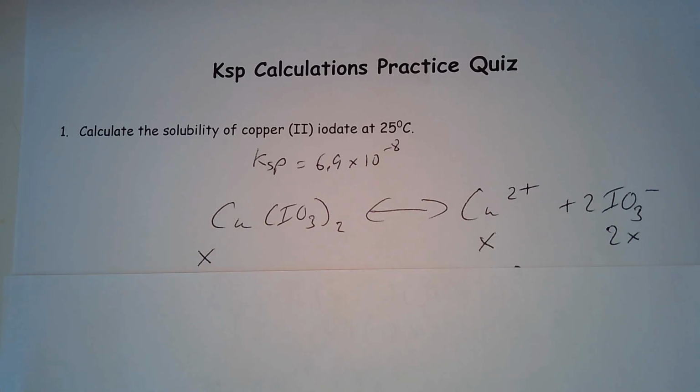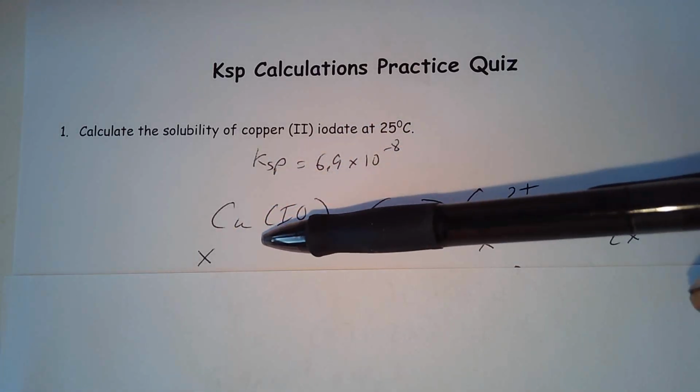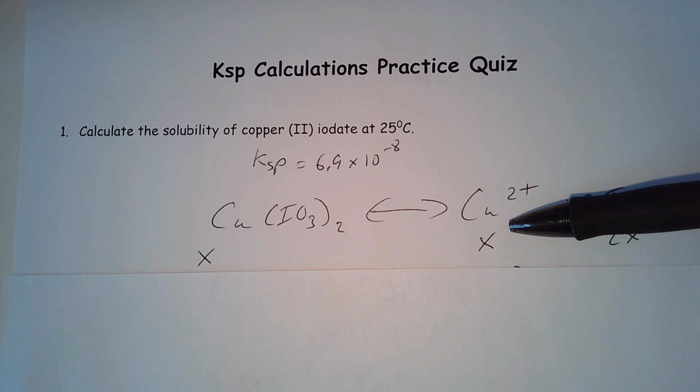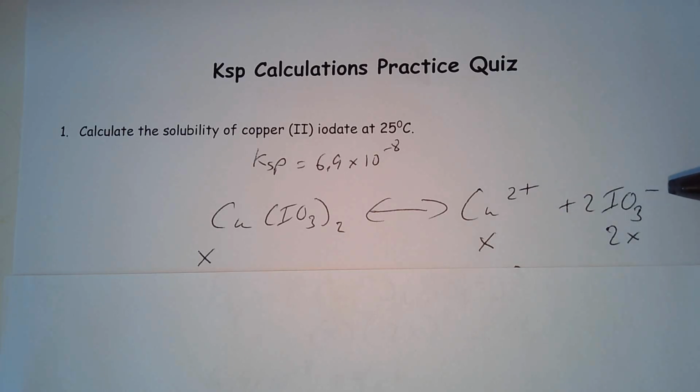There's the copper(II) iodate, and then there are the ions Cu2+ and IO3-. So what we do is we say let x equal the solubility of Cu(IO3)2. That's the value of x. Therefore, Cu2+ is also x because it's a 1-to-1 mole ratio, and IO3- is 2x, because of the 2 there.